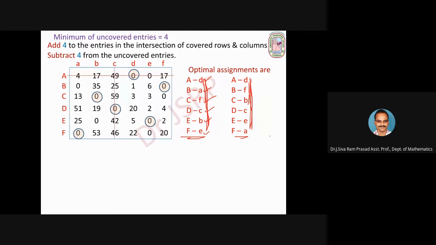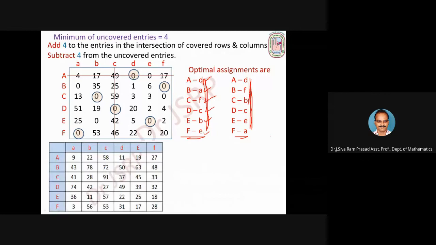Right. Now what is the minimum transportation cost corresponding to these two optimal assignments? The first assignment is capital A to small d, so that is this entry in the original matrix, and capital B to small a, this entry, and capital C to small f, and capital D to small c, this entry, and capital E to small b, this entry, and capital F to small e.